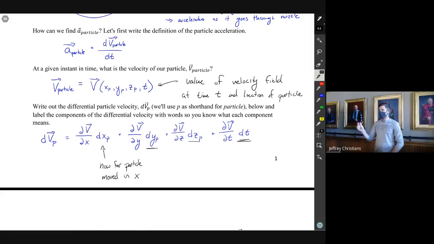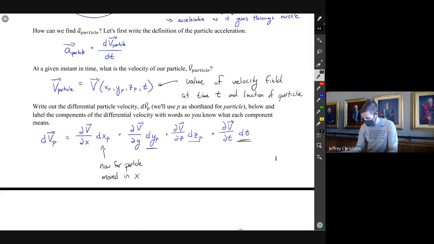So the change in velocity, again, as you're moving in this velocity field, it matters how far you moved in any direction. And then the second part is how fast the velocity is changing in all of those directions, how fast the velocity field is changing. So if you know how far you moved, say a centimeter, and you know that over the distance of a centimeter this is how much the velocity changes, then you can back out how much your velocity changed.